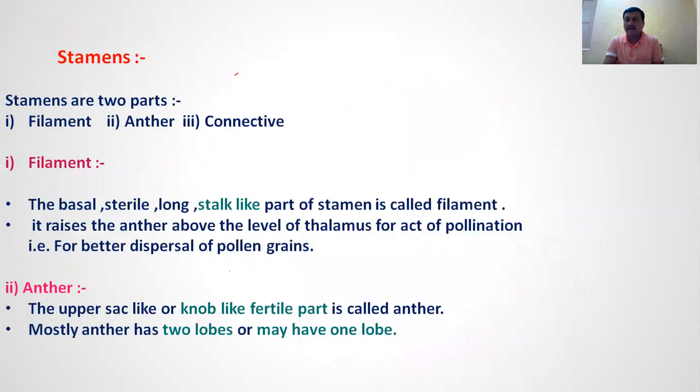Then the stamens are divided into three parts: filament, anther, and connective. The filament is the sterile basal, long stalk-like part of the stamen.